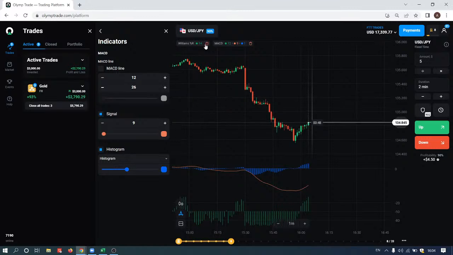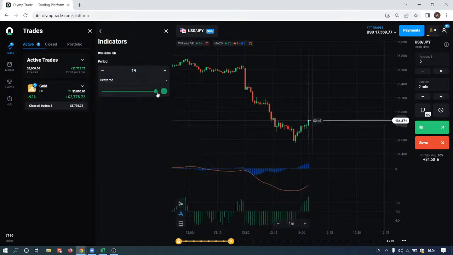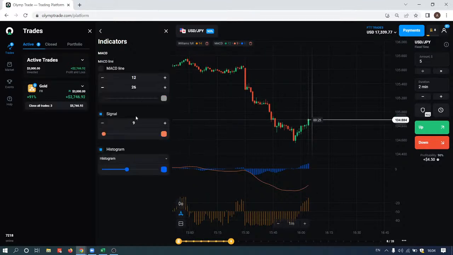A few little adjustments. I always want to make this centered. What color do we want it? Okay, let it be orange. So we are going to have an orange Williams %R indicator. And what about the MACD indicator? We don't really need this signal line.